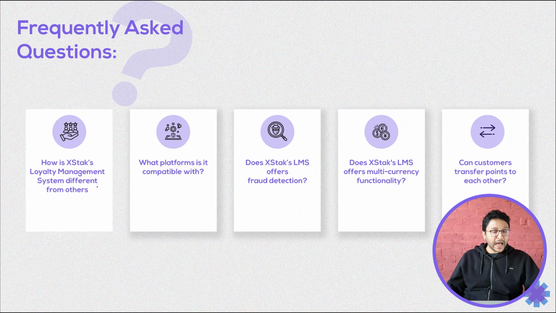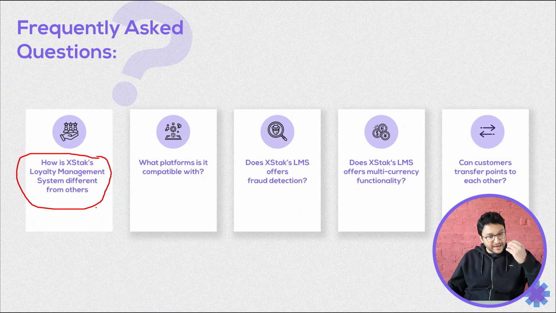So the first one is, how is XStak's loyalty management system different from others? Clearly, as we just saw, we've built this from the ground up to be omni-channel, and we've built it to be easily usable by marketing teams without the involvement of IT teams, so that you don't have to go through long-winded IT change management processes. You saw how easy it was to compose extremely comprehensive and complex rules on the fly and flight them.